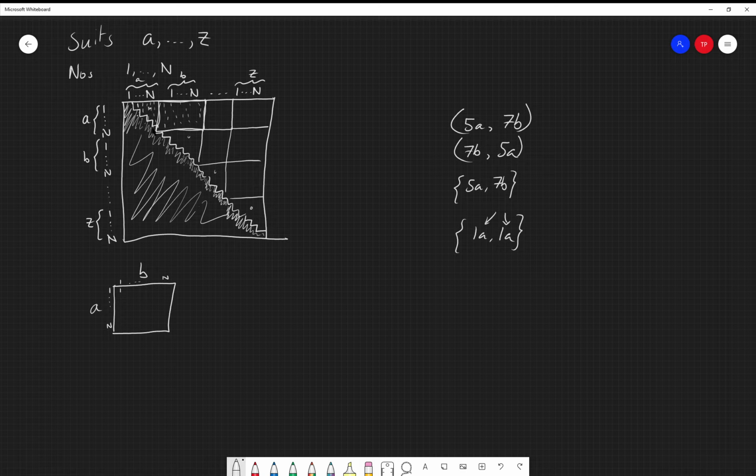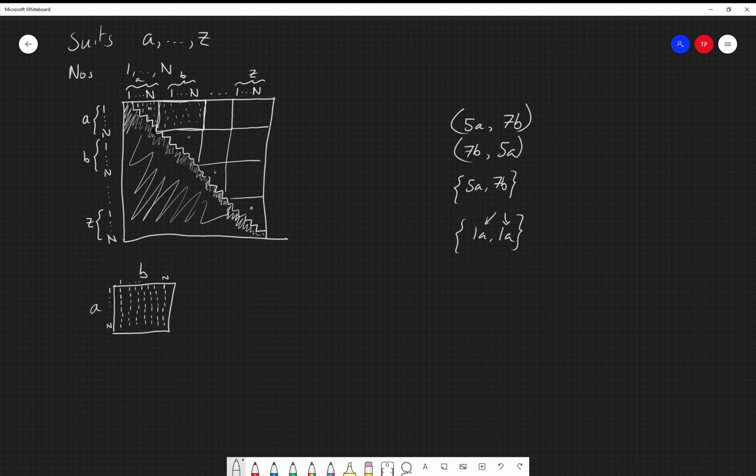And so there's one combination that gets us this, there's one that gets this, and the whole thing is filled up with these ones, as we've seen. So in this case, n is 7: 1, 2, 3, 4, 5, 6, 7. If n is 7, this is what our little grid between A and B would look like.